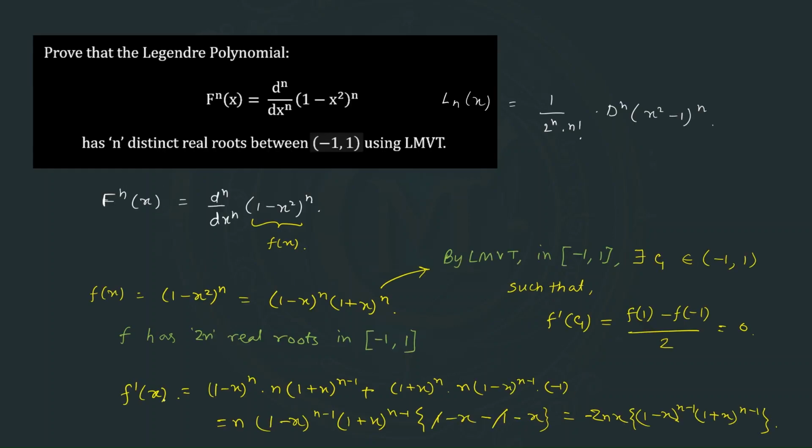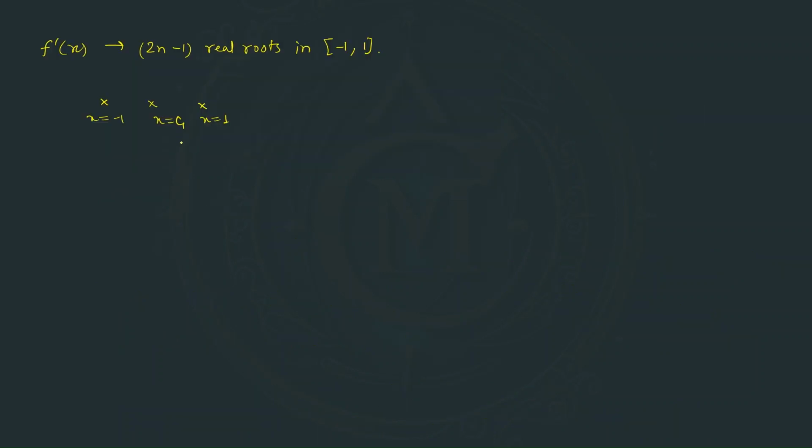So now we can say that f dash x has 2n minus 1 real roots in the closed interval -1 to 1. How? We have x equal to -1 here, x equal to 1 here, and there is a point x equal to c1. So we can see by this that x equal to 0 is a root of f dash x, which is the value of c1 basically.